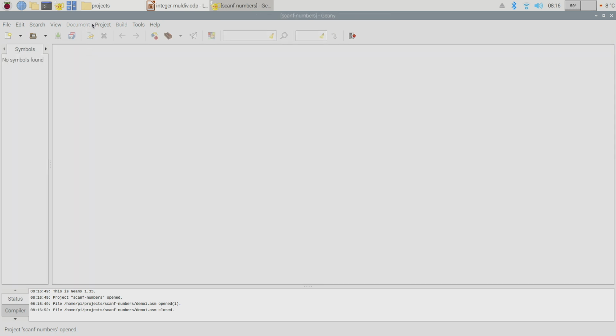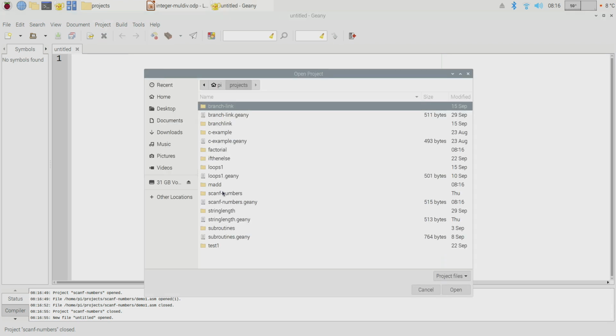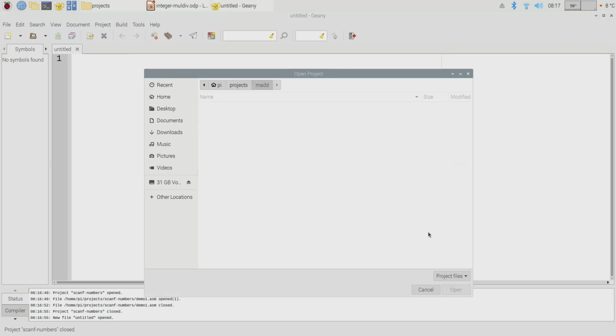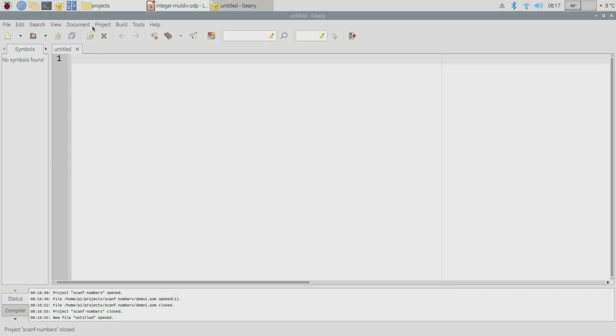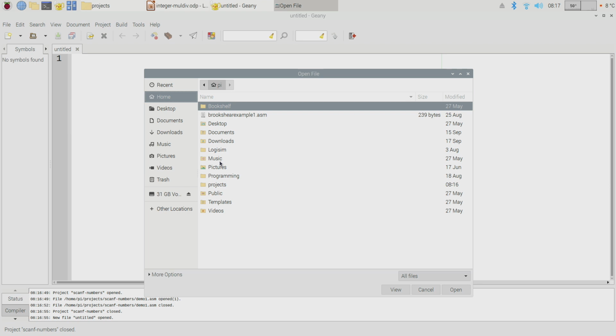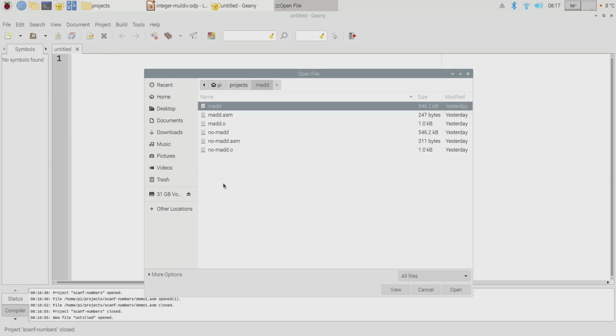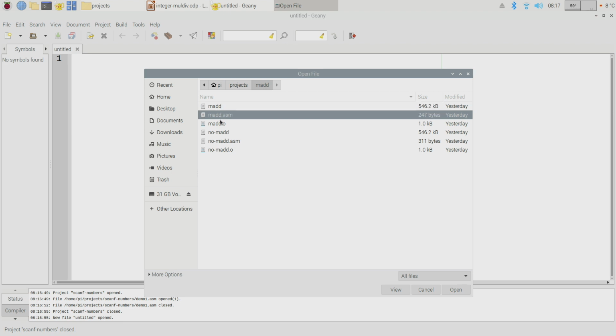And let me close that. Close. And I want to open the MAD project. Oh crap. I forgot to copy the project file, but that's okay. All right, so we want projects, MAD. So I'm going to open 2 files. mad and nomad.